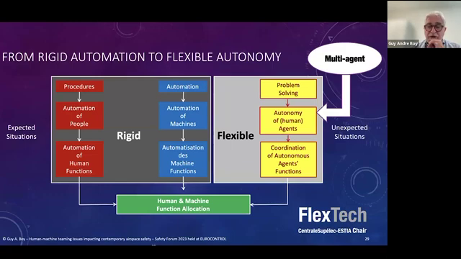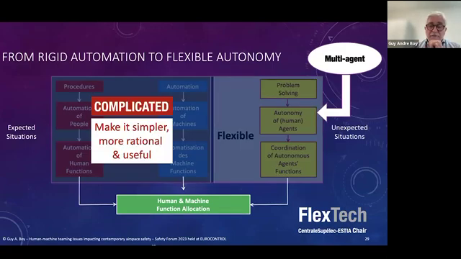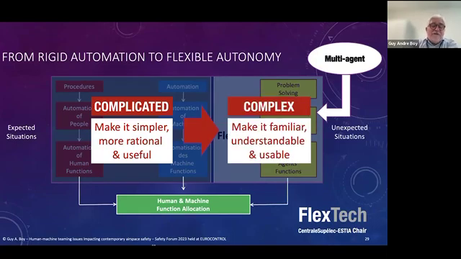So I already described this diagram here, you remember, rigid and flexible. But I want to emphasize this point. Complicated is different from complex. When something is complicated, most of the time it's because it's not very well done. Then you try to make it simpler. And we have done that. I worked with Airbus on the management of operations procedures, the FCOM, Flight Crew Operating Manual, for a long time.